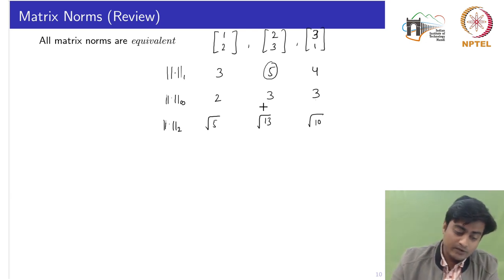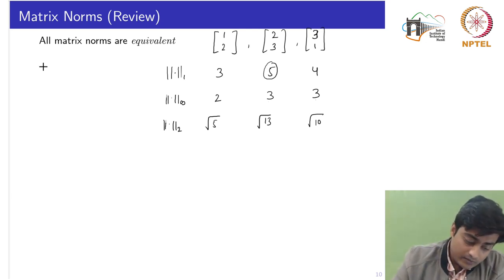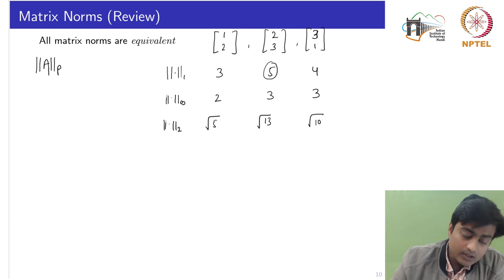So when we say all matrix norms are equivalent, we actually mean to say, let's say I compute any norm, let's say the p norm of the matrix A1 and the p norm of the matrix A2.